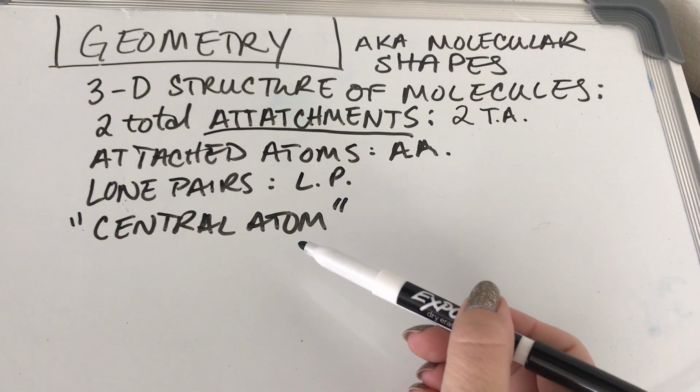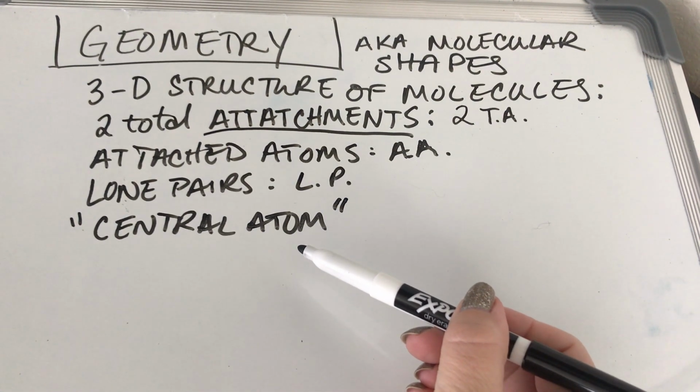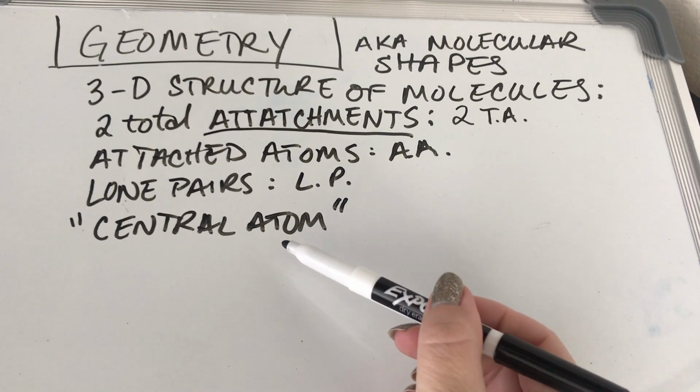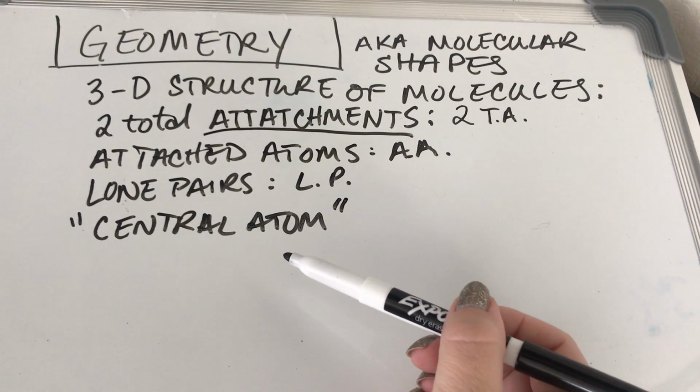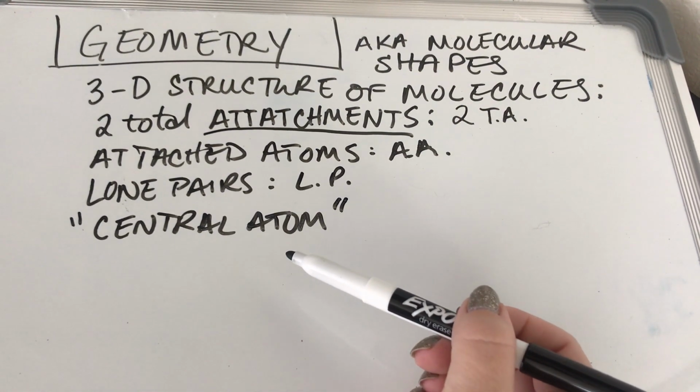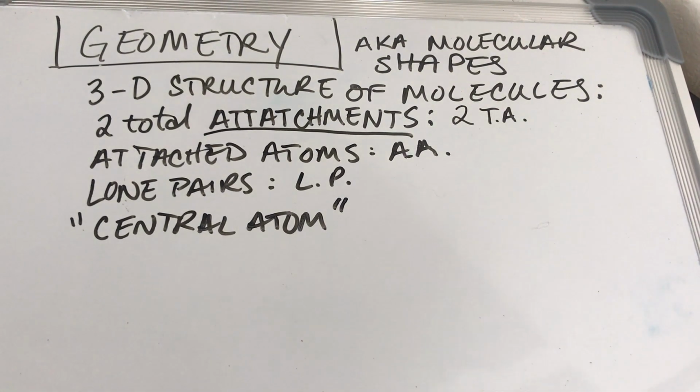Talking about a central atom really just means whatever atom you're focused in on. What is the geometry around that atom? Does that make sense? Kind of, sort of? So we'll use simple examples here, but there will be some extrapolation that you guys need to do when getting into these bigger molecules, okay?